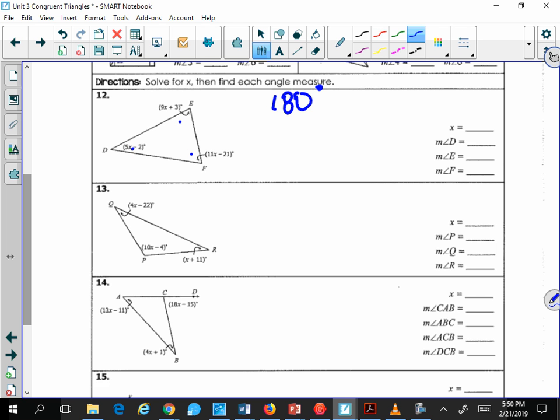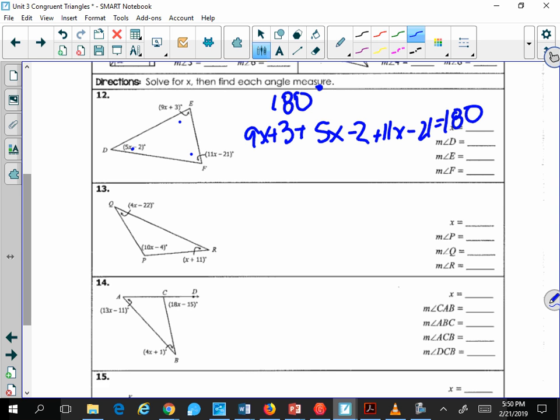That's something that we've already discussed. Well, if they're giving me three things that represent each of those angles, all I've got to do is add them all up and set them equal to 180.